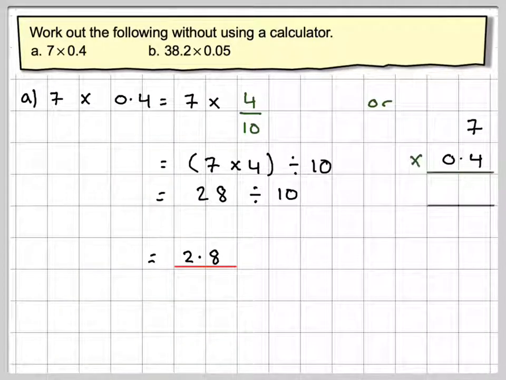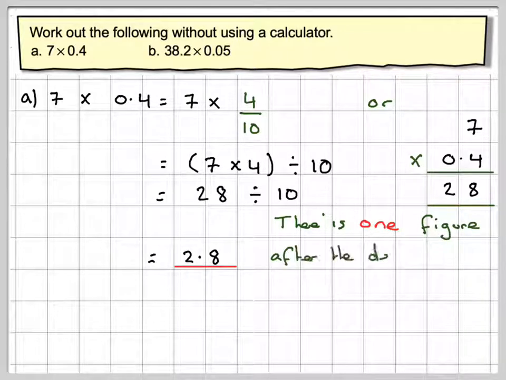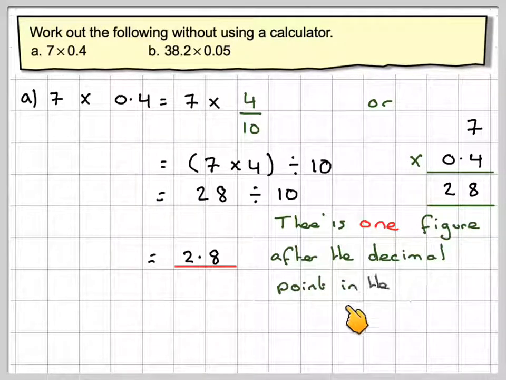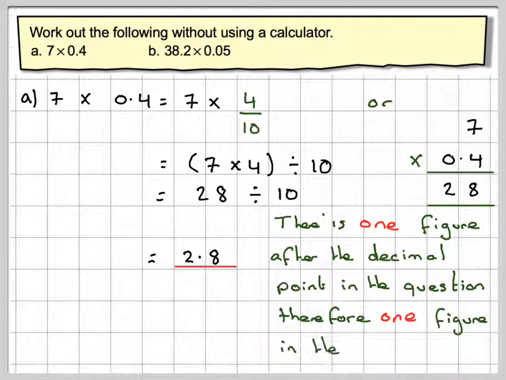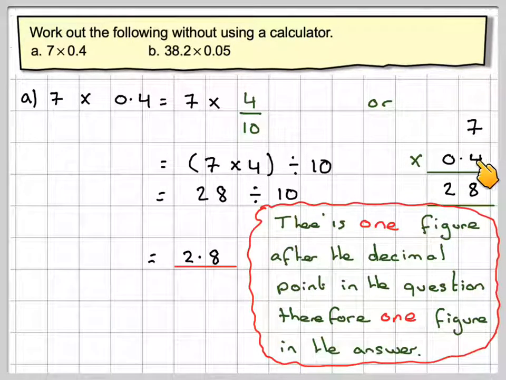Alternatively, you could just do 4 times 7. Just forget about the decimal point to begin with. Do 4 times 7, which is 28. And then apply the same rule that we've looked at in the other video. There's one figure after the decimal point in the question. Therefore, one figure in the answer. So there's just one number here, and therefore we would need to put a decimal point there.